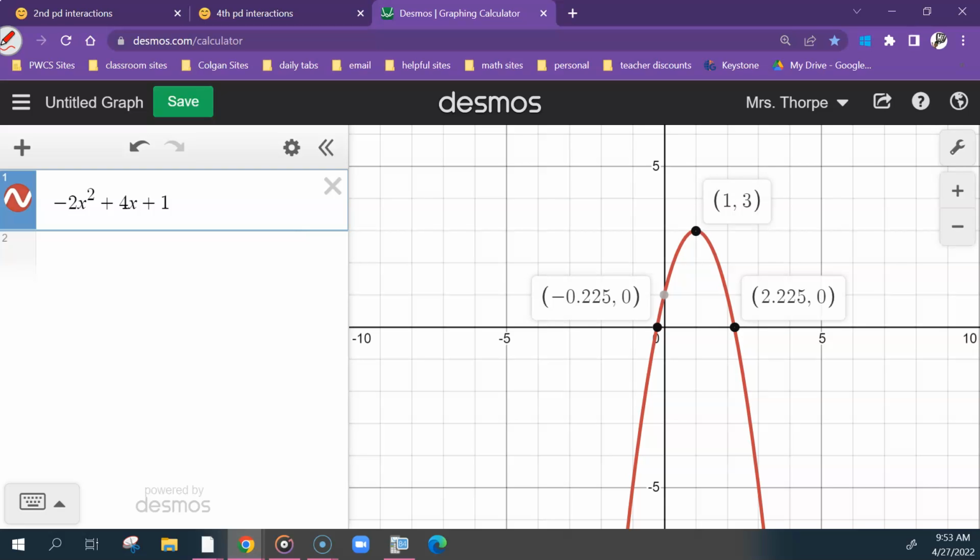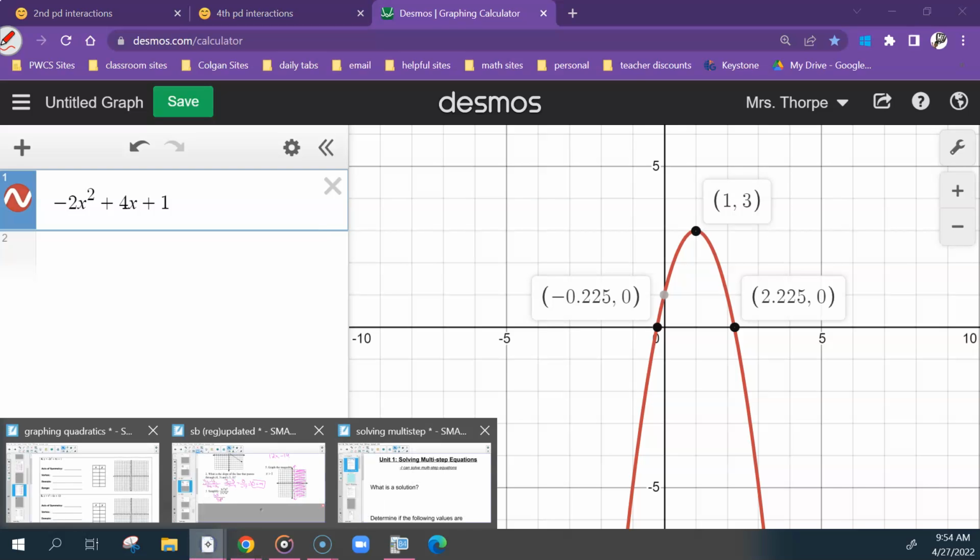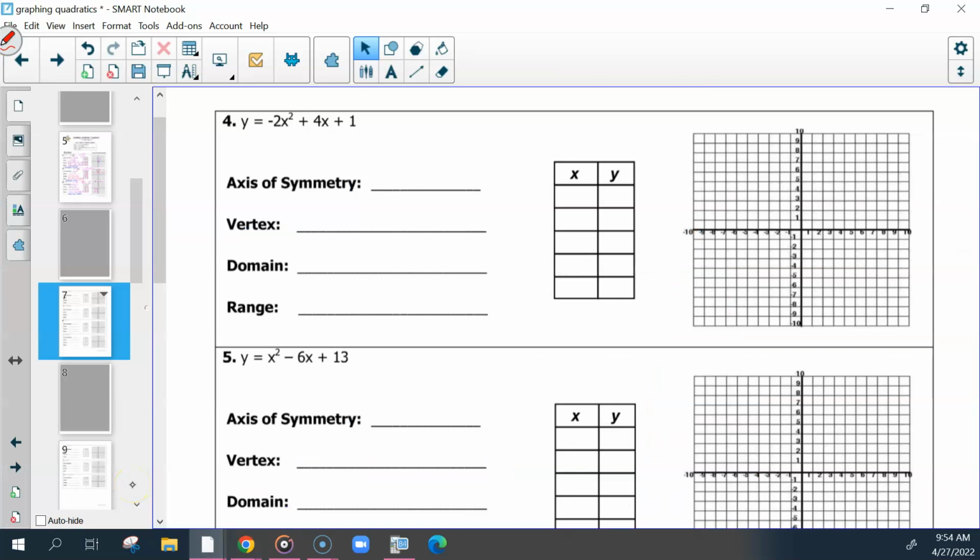So we can write those down. Our vertex is 1, 3. Because we know our vertex, we also know our axis of symmetry. Just makes your life easier.